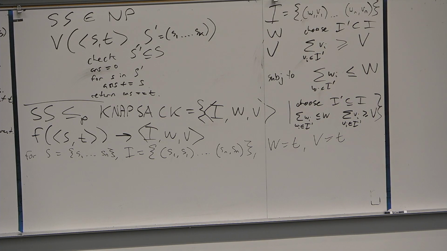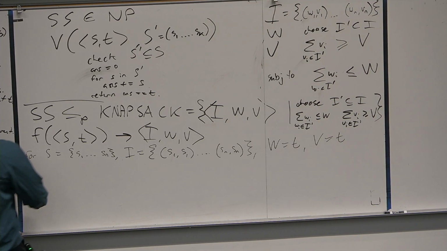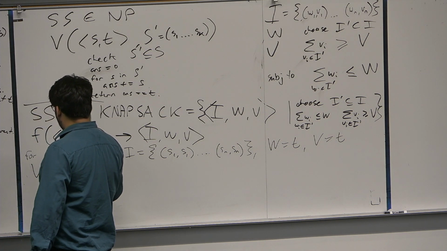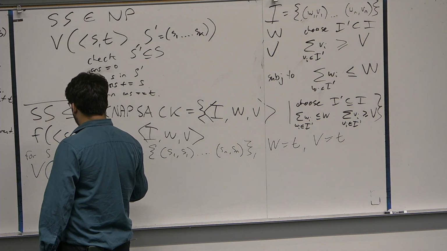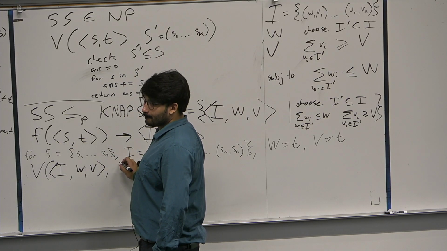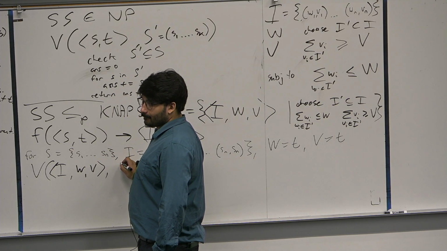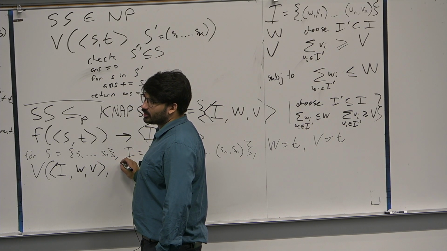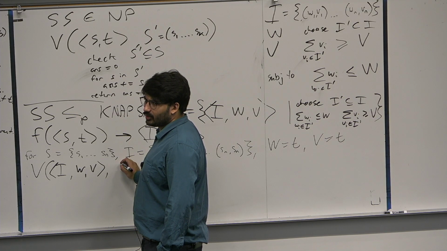Before we do so, why is this in NP? Why is knapsack in NP? Yeah. We get a subset of items and check whether it fulfills the conditions. Yeah. Let's say our verifier takes as input I, W, and V. And what should our witness look like? You always want to decide what the witness is encoded as. What is the solution to this?